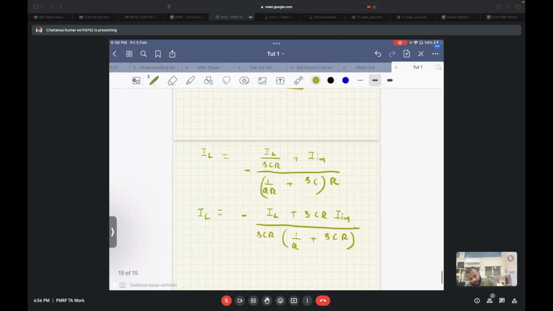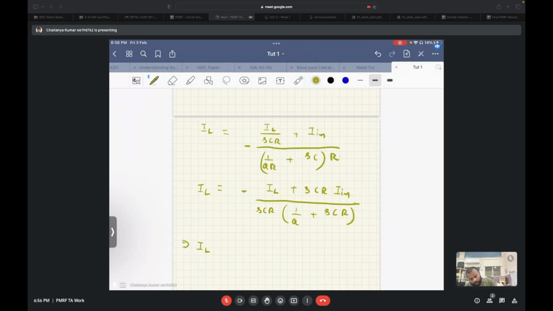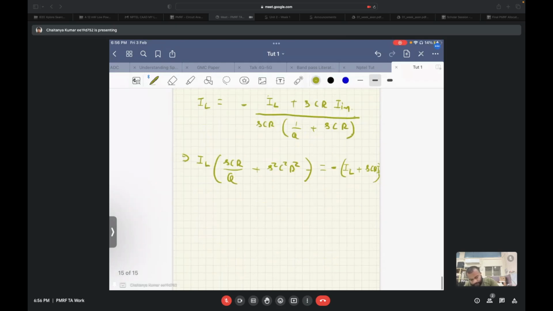So what we have then is IL is equal to SCR by Q plus S square C squared R, and that is equal to minus of IL plus SCR times IN.